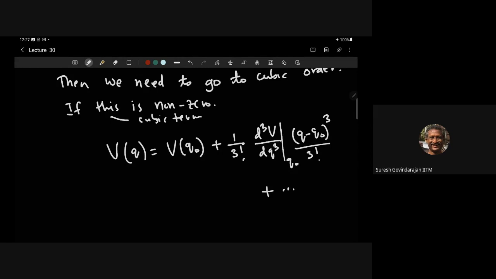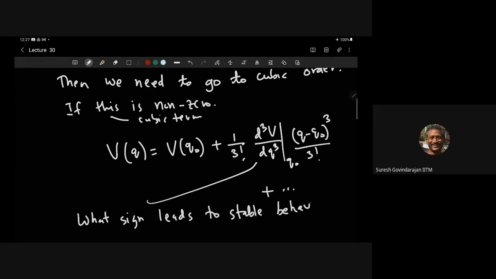Question to you now. Is there a sign which we can assign to the third derivative, to this constant, which will make it stable? So what sign? Anybody has answers to this? Yes, it will be stable in one direction, then it will be unstable.